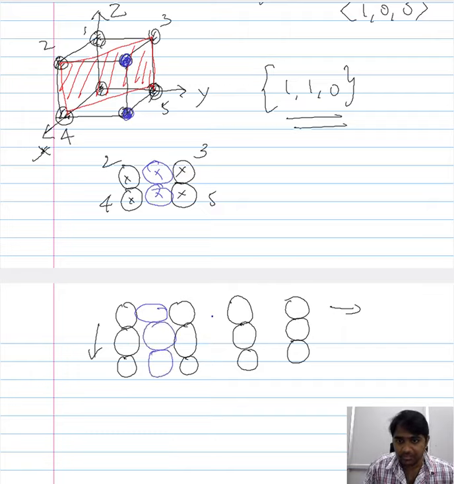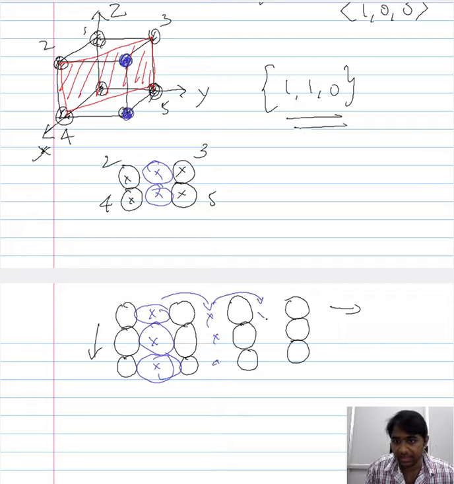The atoms that are present here touch each other. Similarly, you will have an arrangement of atoms here, and here.